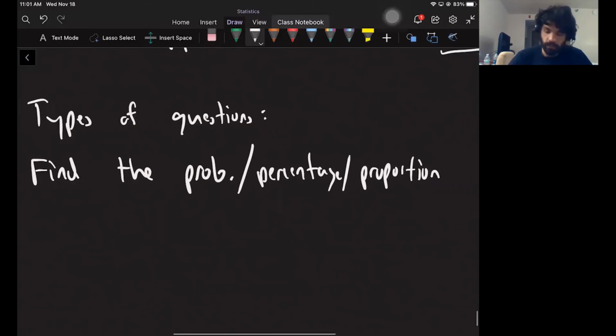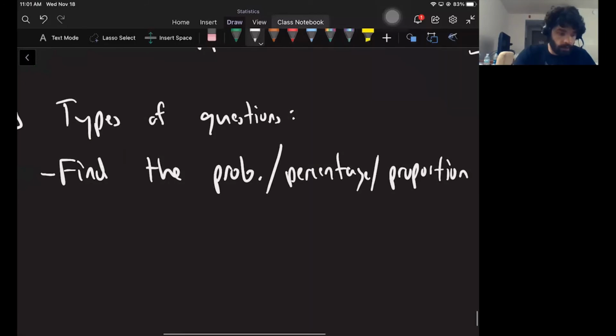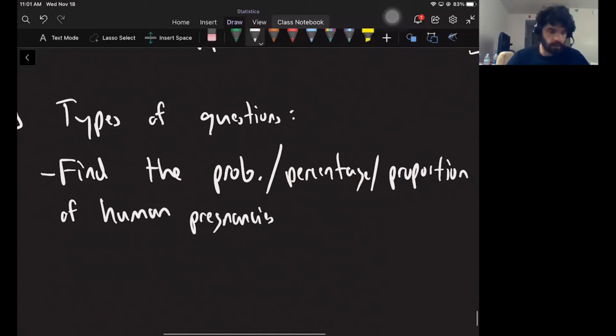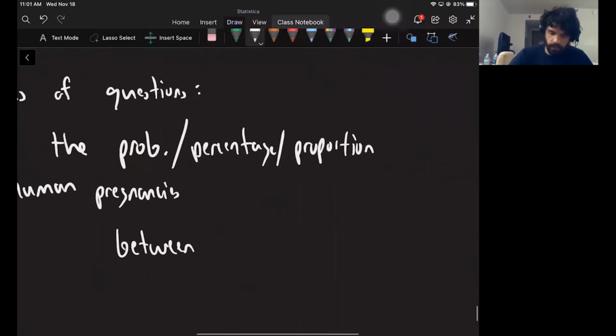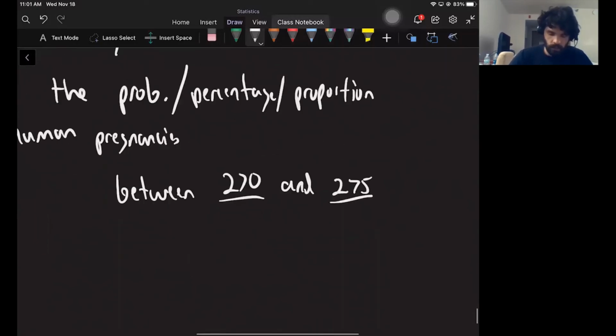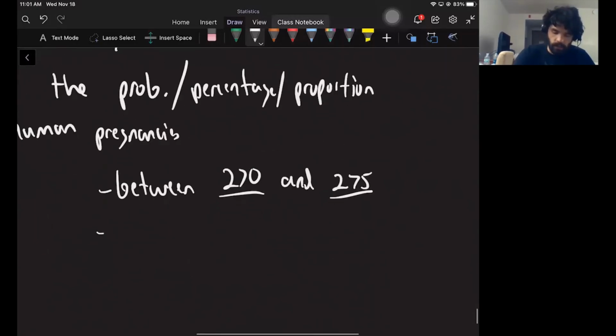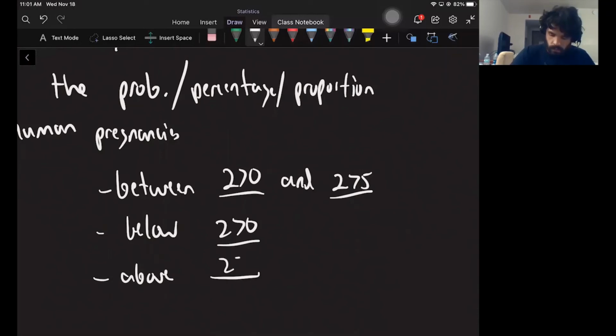So find the probability, percentage, or proportion of human pregnancies between blank and blank, and these could be different numbers. Or they could say below something or above something, but those can be different numbers again.